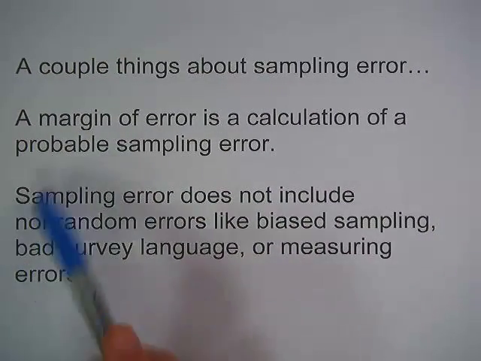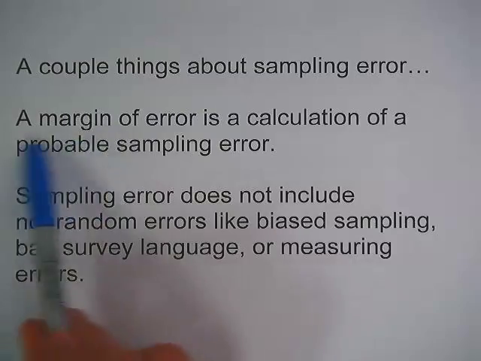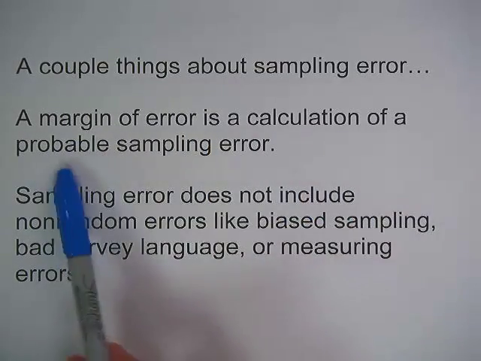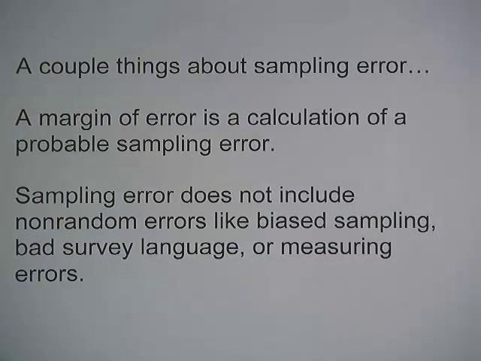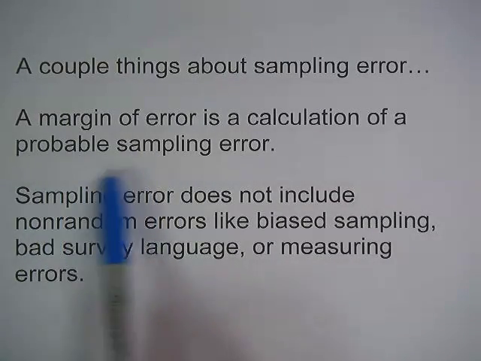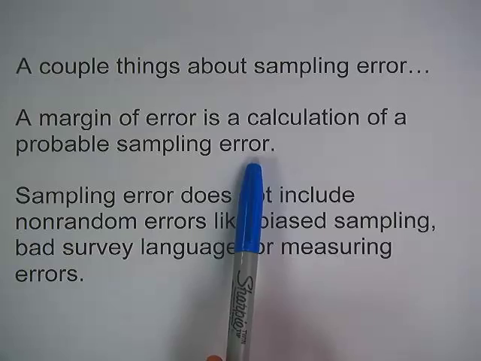A margin of error, you may have heard that term before. A margin of error is a calculation of a probable sampling error. So if you're looking at a political study and a certain candidate has 44% of a sample with a margin of error of 3%, they're saying that 3% is a probable sampling error.